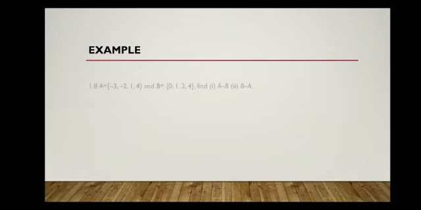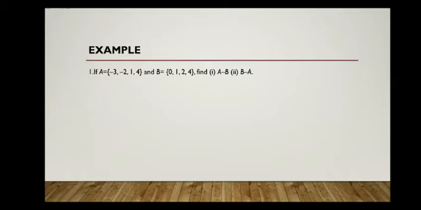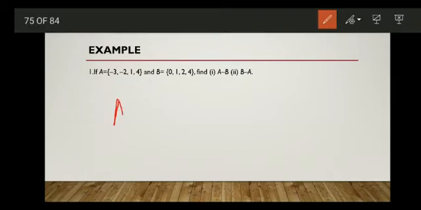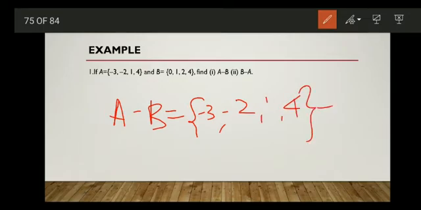We'll see an example. If A is equal to {-3, -2, 1, 4} and B is equal to {0, 1, 2, 4}, find A difference B and B difference A. So what is A difference B? Elements in A but not in B. So we'll write A {-3, -2, 1, 4} difference B {0, 1, 2, 4}.